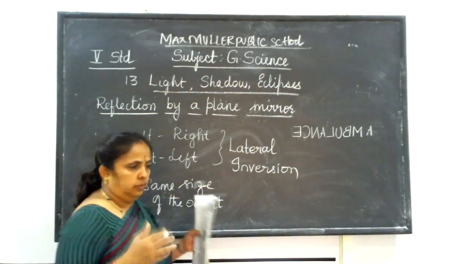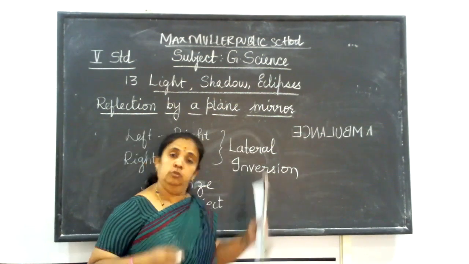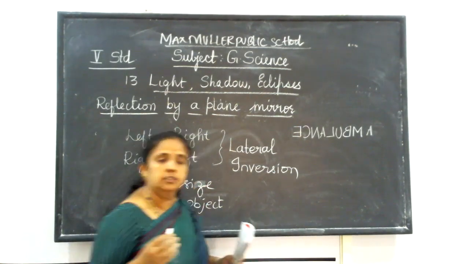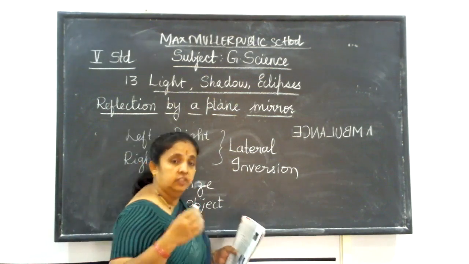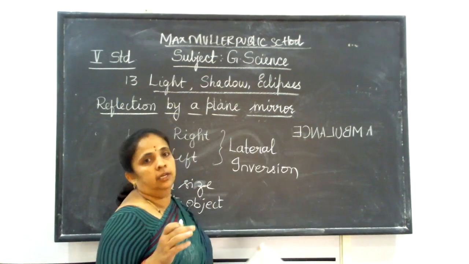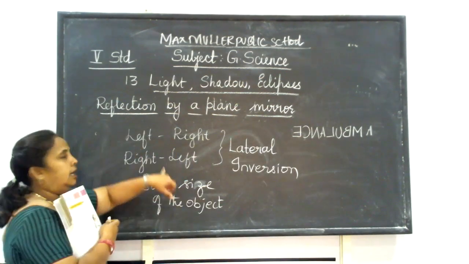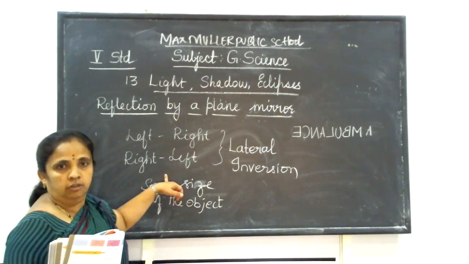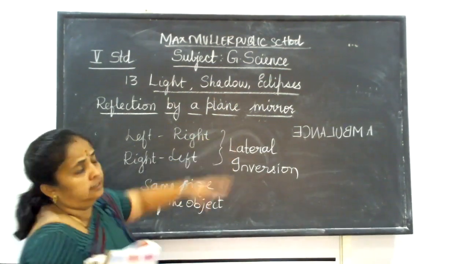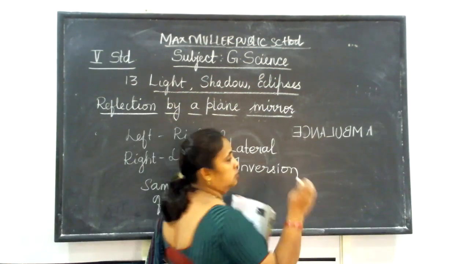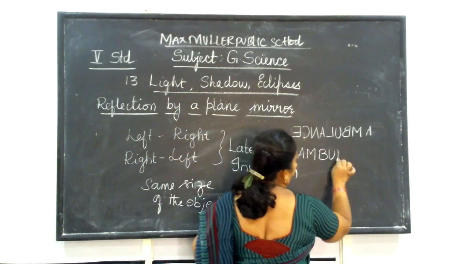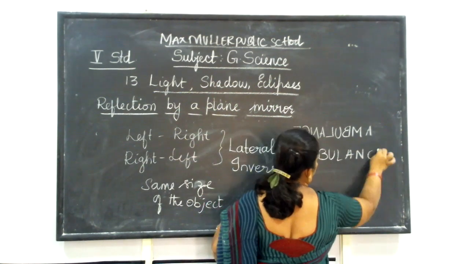Because it is helpful for the people who are moving in the vehicles in front. Suppose the ambulance comes from the back, the person who is driving, if he sees that image in the mirror of the vehicle. Now, as I told you the characteristic of the mirror, it is lateral inversion. So when he sees these words in the mirror of his vehicle, the letters will be proper.